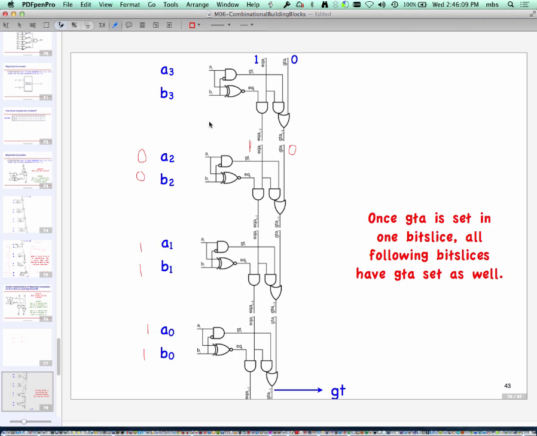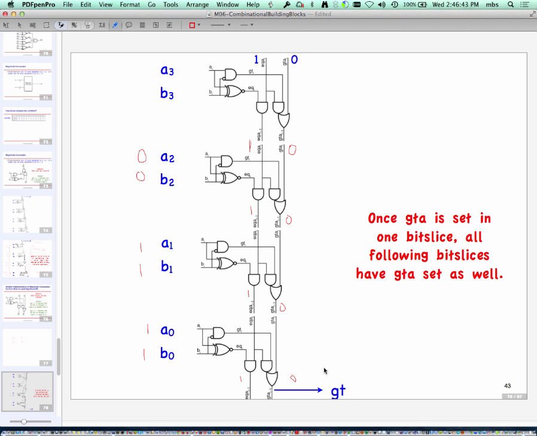This is saying, at the starting point, everything before me, which was nothing, is equal, and A is not greater than B. If you work through this logic, I'm again going to get 1 out here because this AND gate would see a 1 coming in from here, and A2 is equal to B2. So it will see a 1 out here, and a 0 out here. And the same logic will flow through 1 and 0, 1 and 0, and this is our greater than. So output here would be 0, which is what we want.